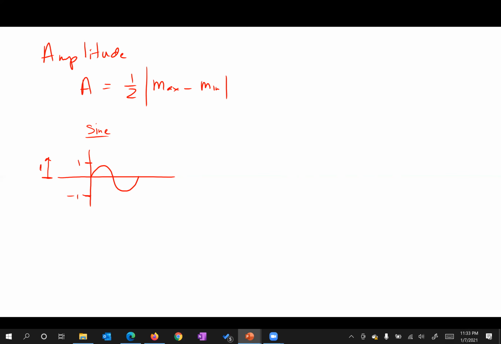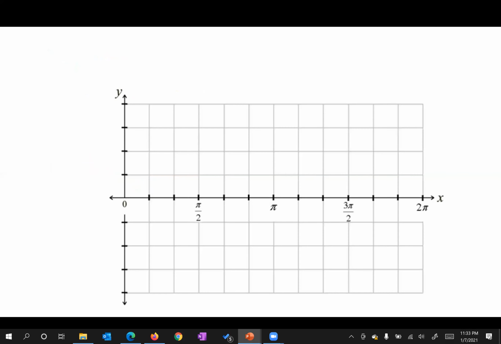So if we change this, that means this little piece is going to change with us as well. So let's do this here. I'm going to have you graph this. So exercise 1: graph y is equal to 3 sine of x.